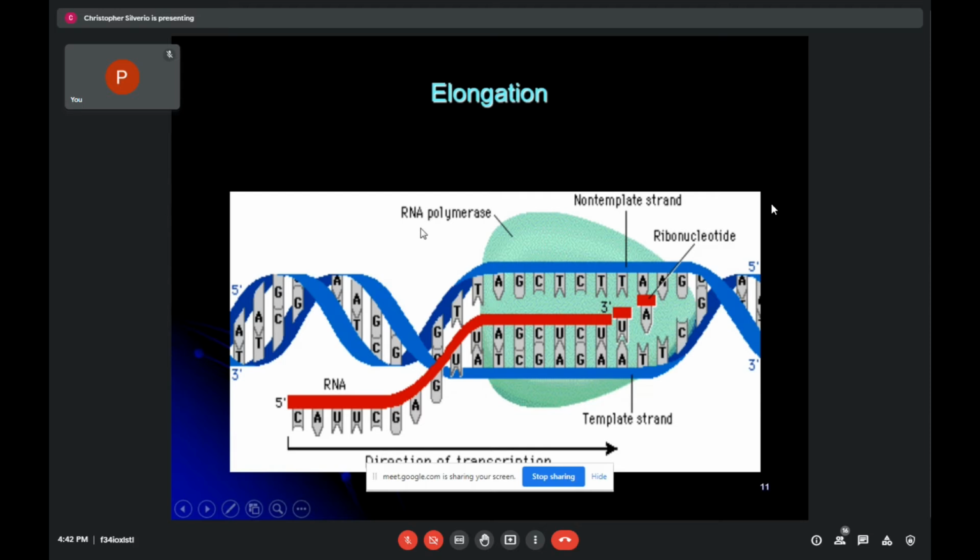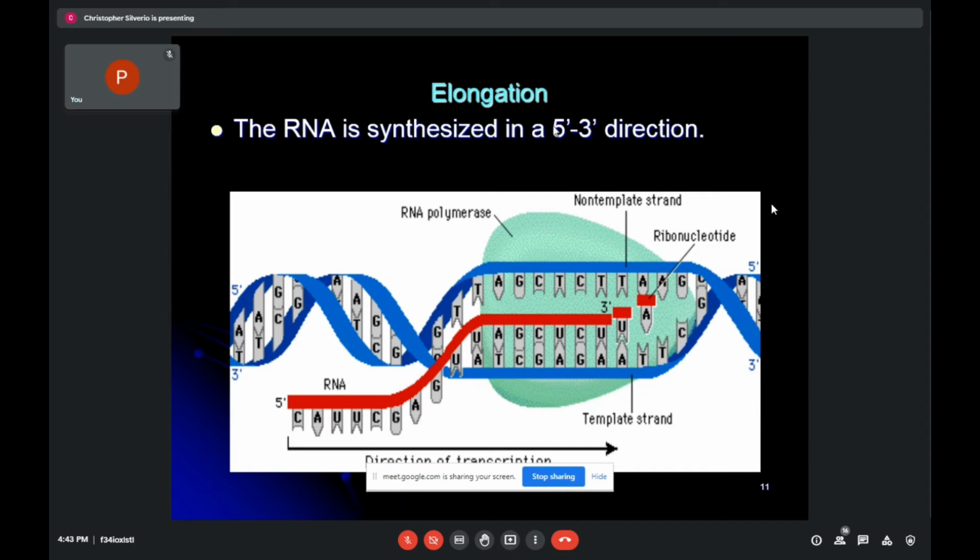And this is what we call elongation. This is another step, elongation of the messenger RNA. The RNA is synthesized in a 5' to 3' direction. And the transcription start point, AUG.